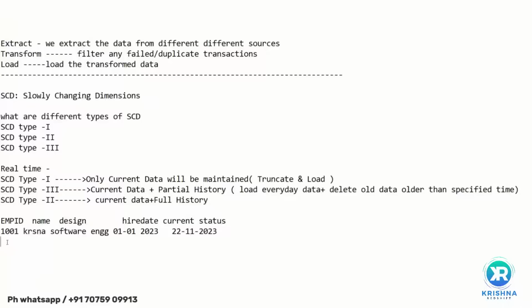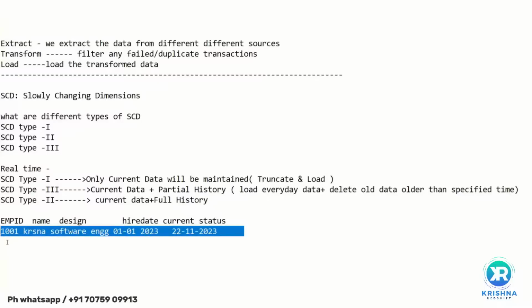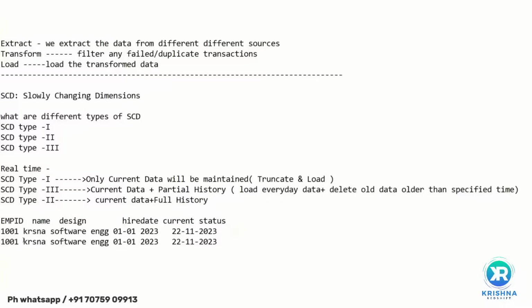It will be updated, and the same record will be inserted again with the new designation. Instead of software engineer, it will be senior software engineer. The start date will be 11/23, and the end date will become null. That means he is currently active in this role.